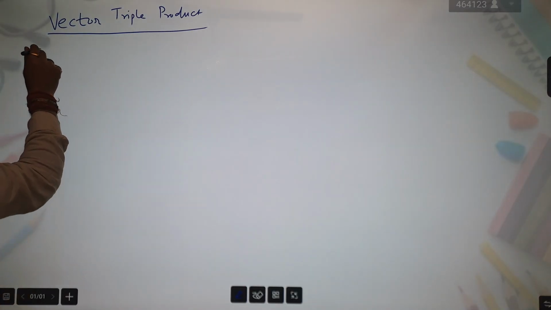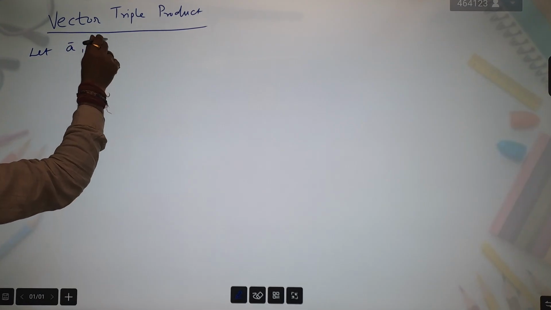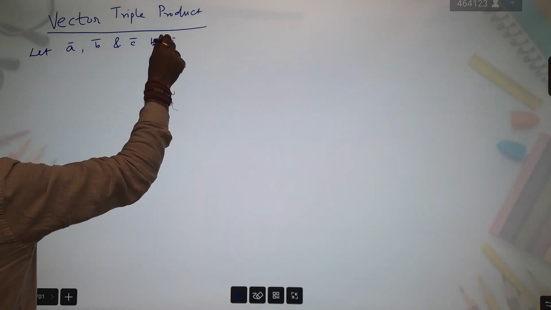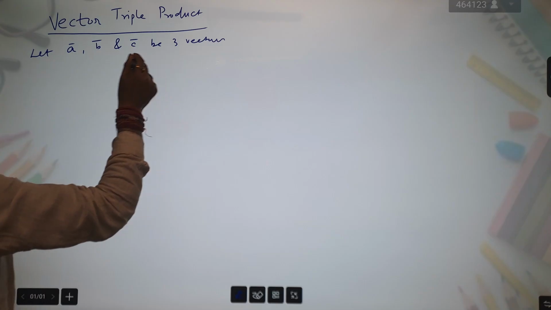Let A bar, B bar and C bar be three vectors.